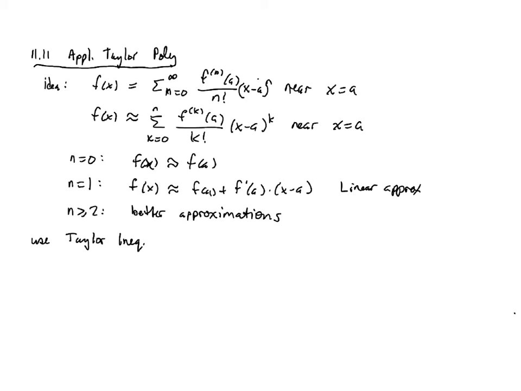And if you'd like some visual representations of this, you should look in the book, which contains some graphs for e to the x and its Taylor polynomials, Tn of x, so that you can see how this approximation process looks graphically.